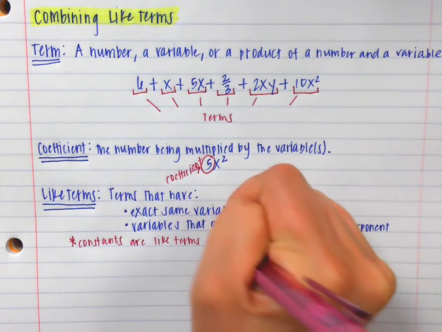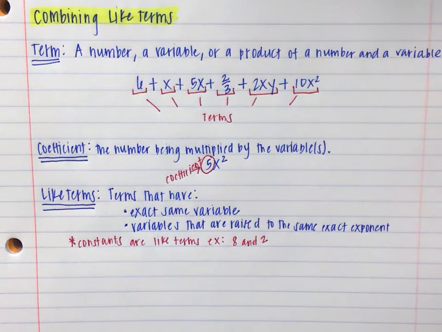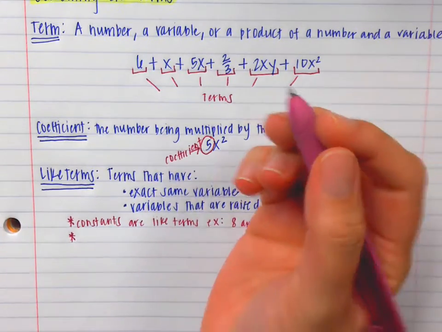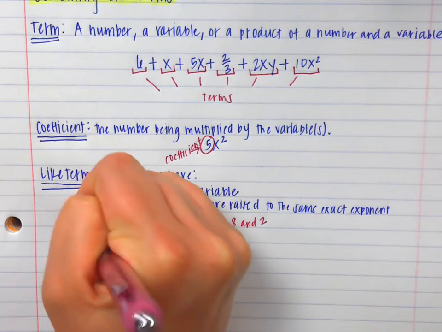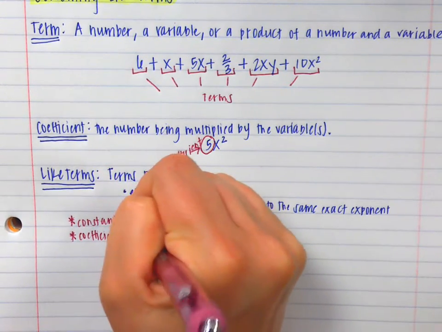So an example, like 8 and 2, those are like terms. We can combine those. You can add those, right? 8 plus 2 is 10. We also, let's talk about coefficients. So coefficients do not have to be the same for them to be like terms.